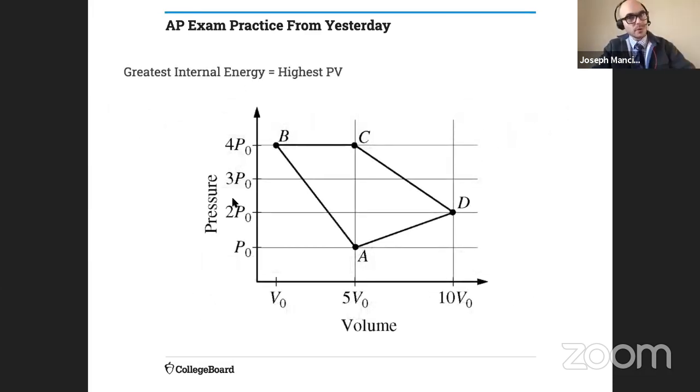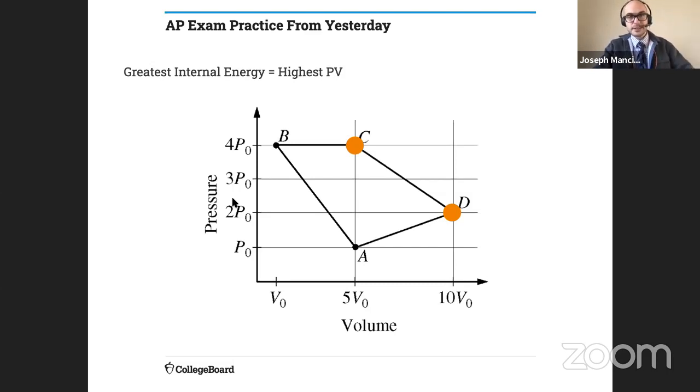If U is proportional to P times V, we can look at the spots on this graph that have the highest value of P times V. Well, locations C and D have a PV value of 20 P naught V naught. At point C, the pressure is 4 P naught and the volume is 5 V naught.